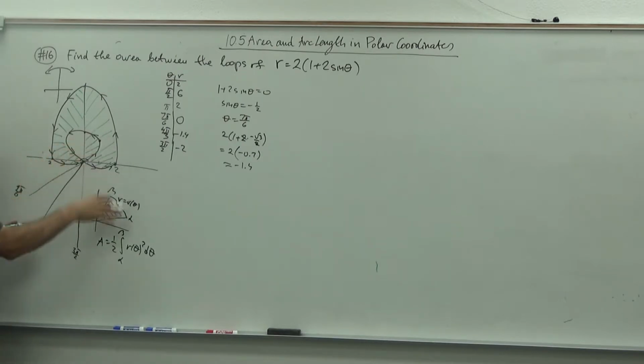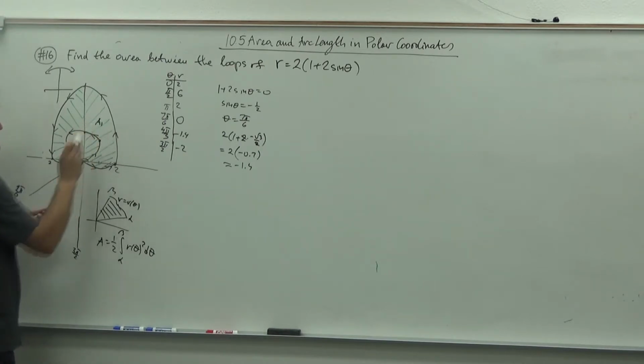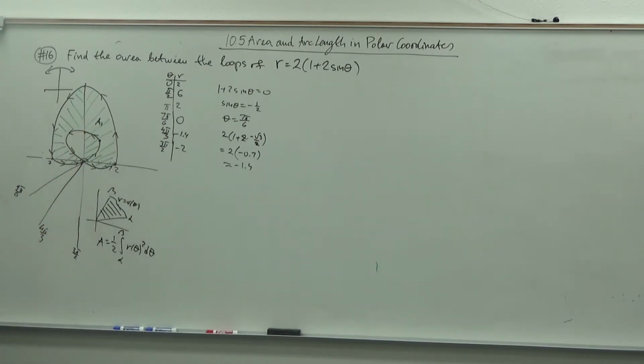But this looks like a polar region, and this is what I'll call area A1. That area A1, I can calculate, as I said, using this formula as long as I know the limits.